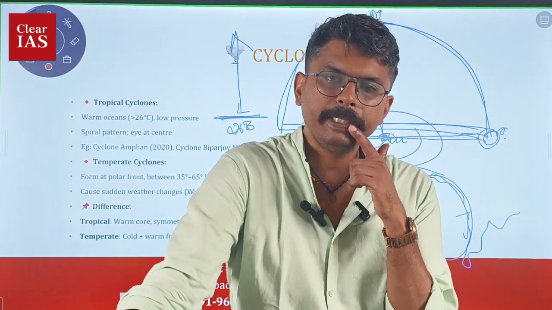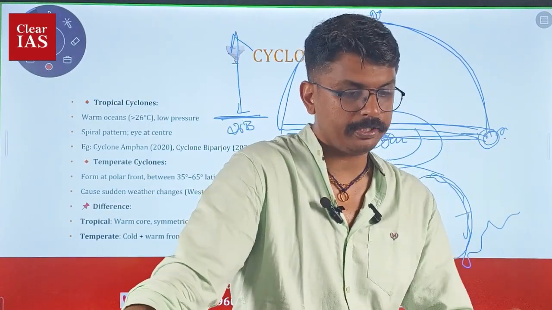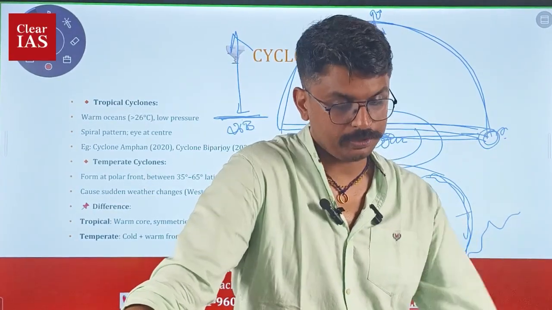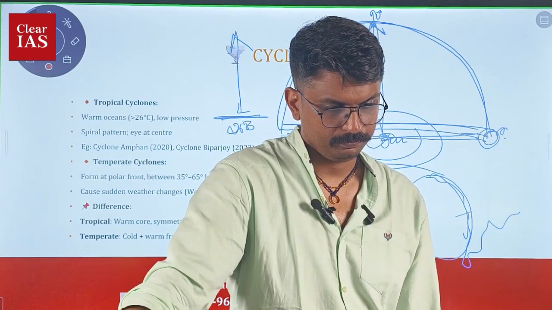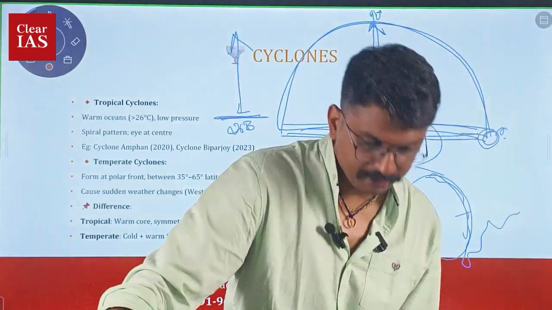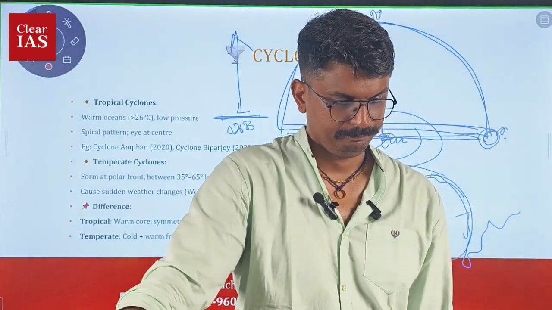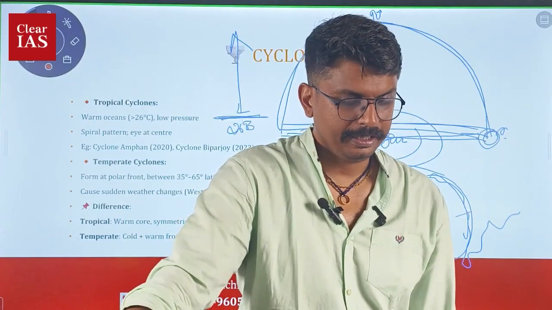So that is the minimum temperature required for cyclones to form. If the temperature is 28, a more powerful cyclone would form. Very good, nice. Thank you.